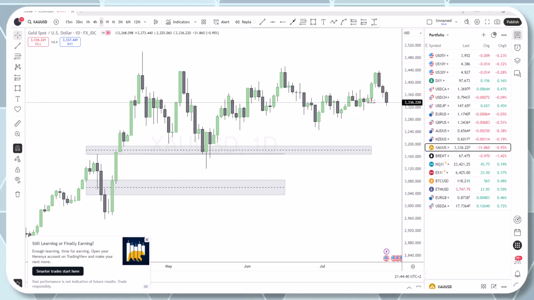So here's what I look out for. Number 1, liquidity sweep. Before the OB forms, we want to see price take out liquidity, like equal highs or equal lows, trendline traps, or obvious swing points.